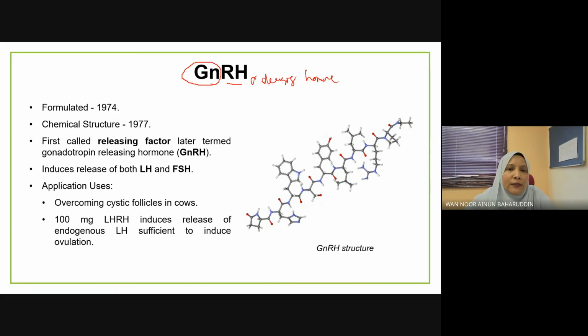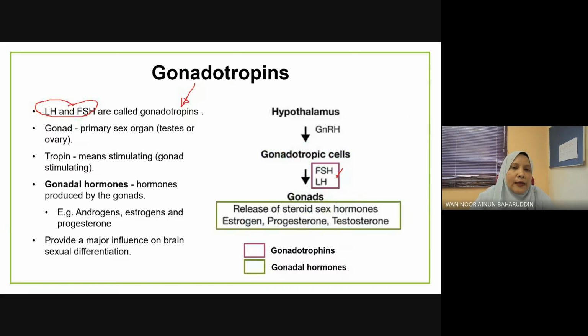GnRH will activate the production or induce the release of LH and FSH. So gonadotropin is the name for LH and FSH. Gonad means primary sex, tropin means stimulating. Gonadal hormones, which are produced by the gonads, are androgen, estrogen and progesterone.